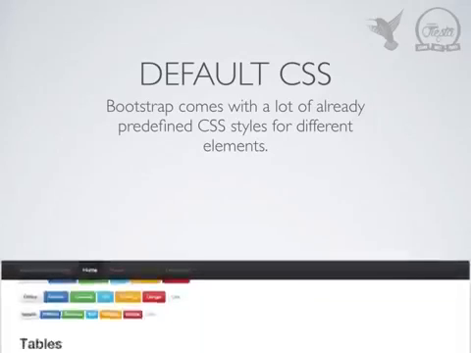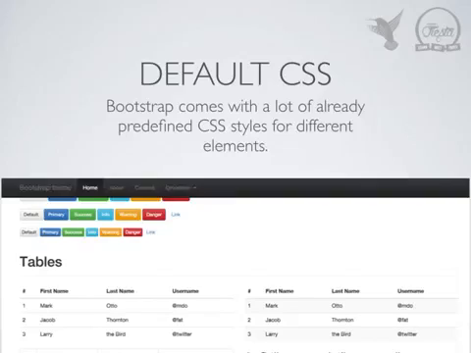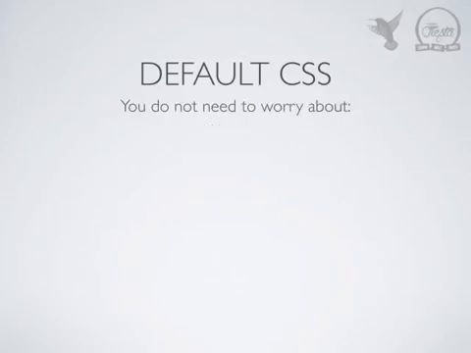So, yeah, this is an excerpt from their examples page. You can see different buttons here, table styling. So this is only a part of the default CSS styling inside of Bootstrap. And since there is a lot of stuff, I didn't want to create a screenshot for everything that is out there, so I just went with a simple list.